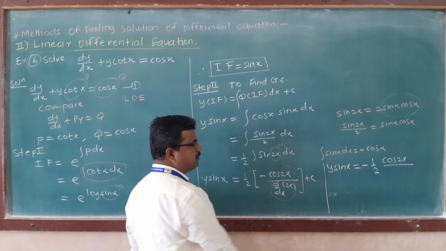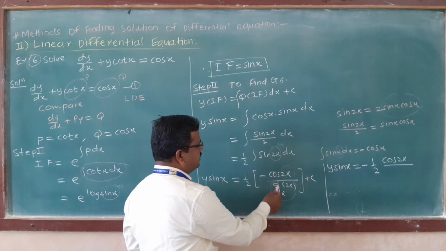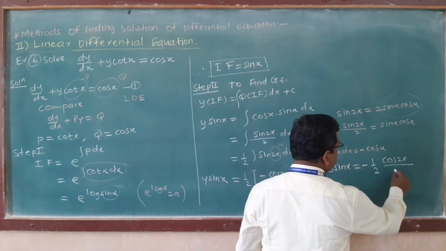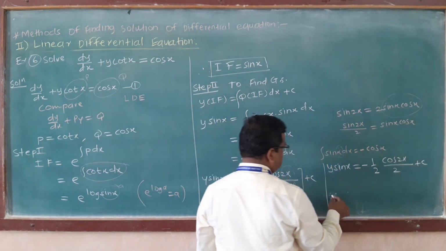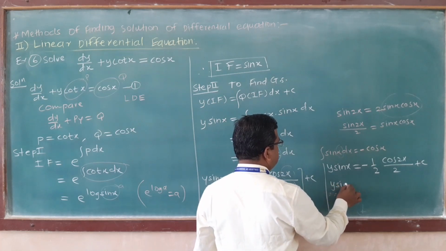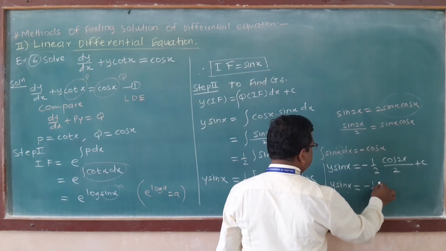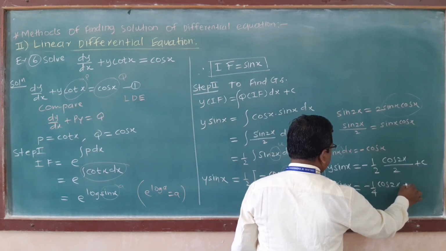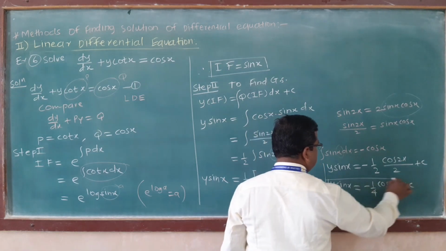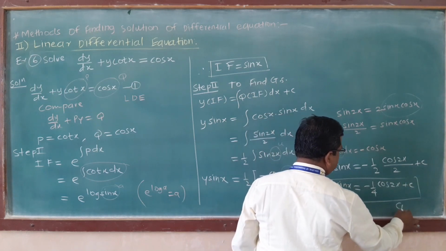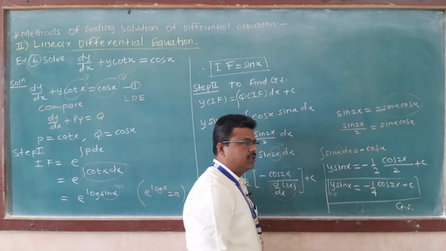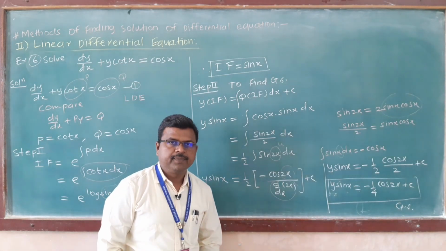The derivative of 2x, with 2 outside and derivative of x being 1, has the value 2, plus c. So finally we get y into sin x is equal to minus, 2 into 2, this will be 1 upon 4, cos of 2x plus c. So this is nothing but the general solution of the given differential equation.